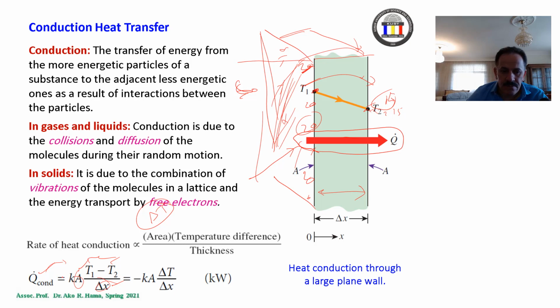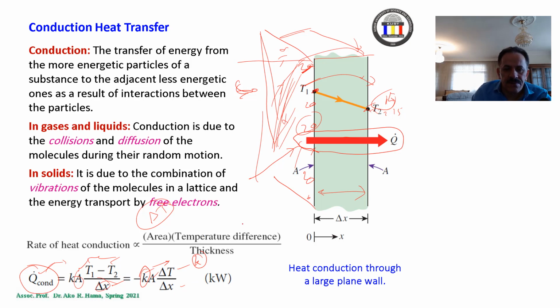Now this is the equation of conduction heat transfer. It depends on the area A, delta T, and delta X. So we have a constant here, called conductivity. The conductivity is a property of the material itself.